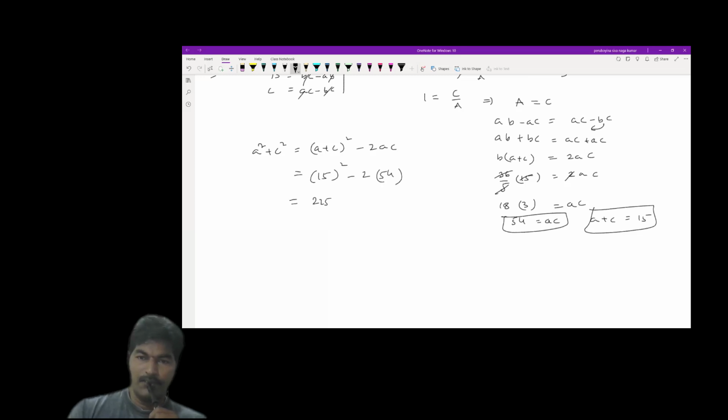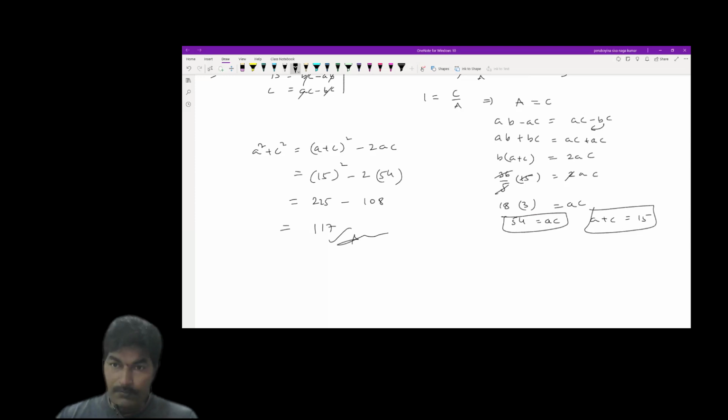This is 225 minus 108. 225 minus 108 is 117. Yes, 117 is the answer for this question. 117 is the correct answer.